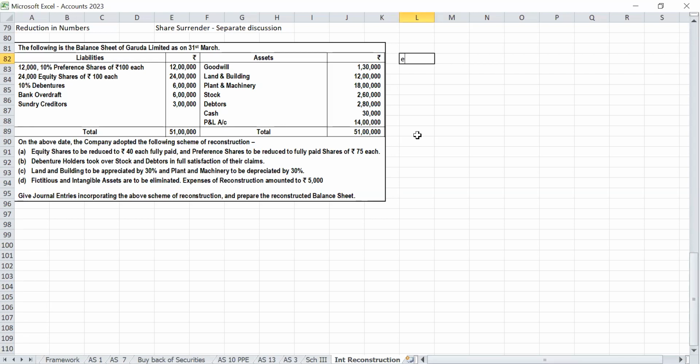Wait. Equity share capital face value 100 is reduced to 40 face value, or paid-up value only. Face value 40 each, because 40 each fully paid up. Paid-up value is also 40, fully paid up.